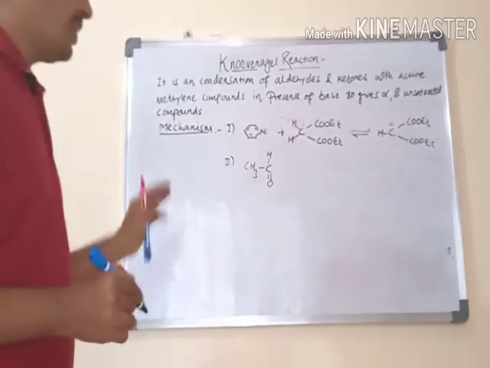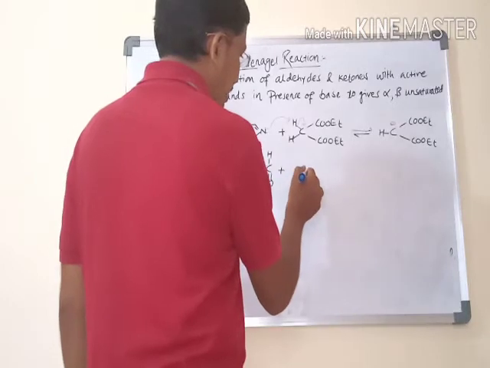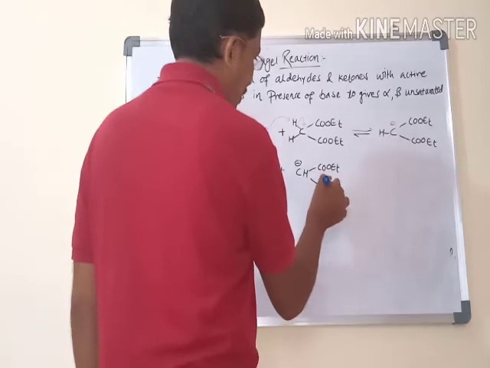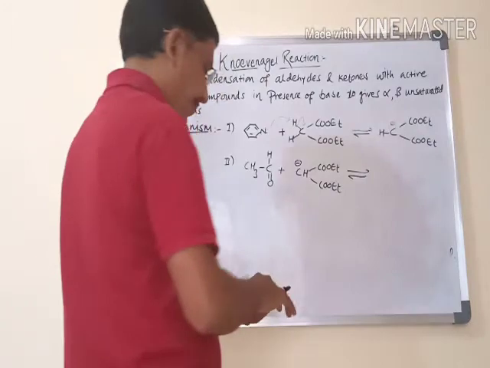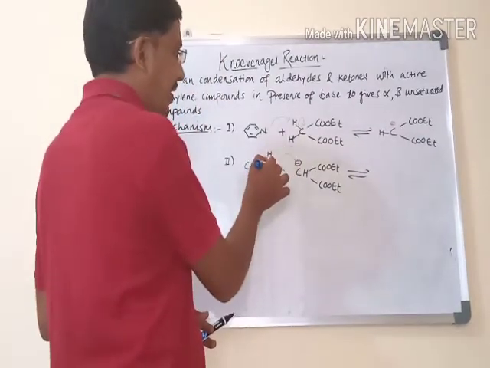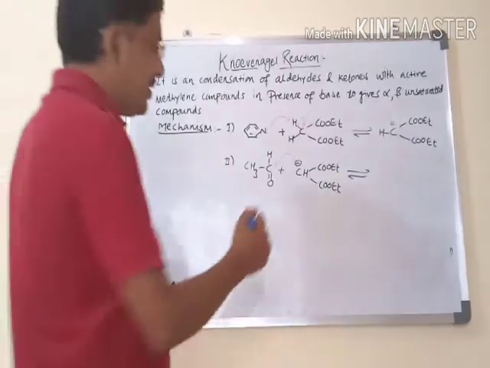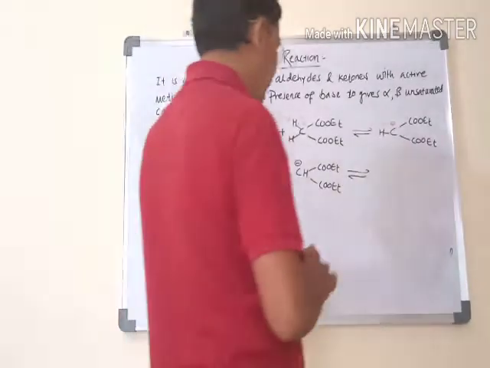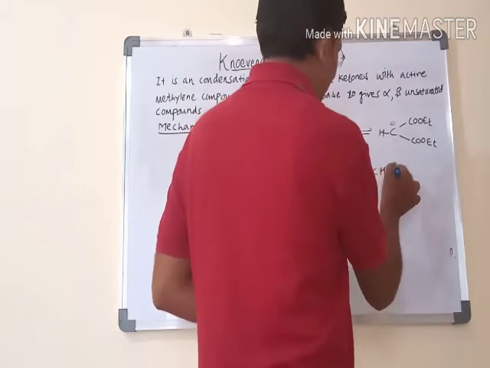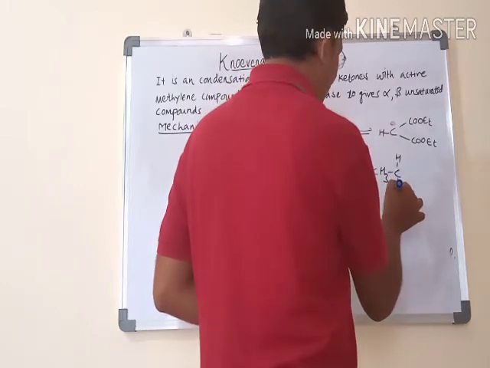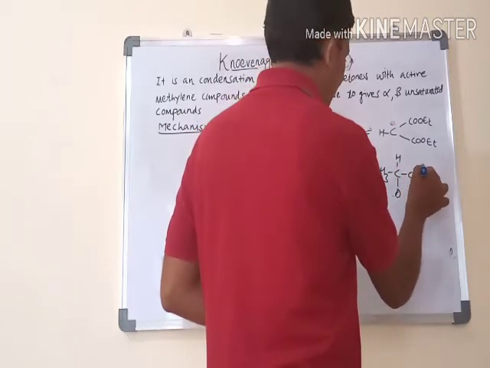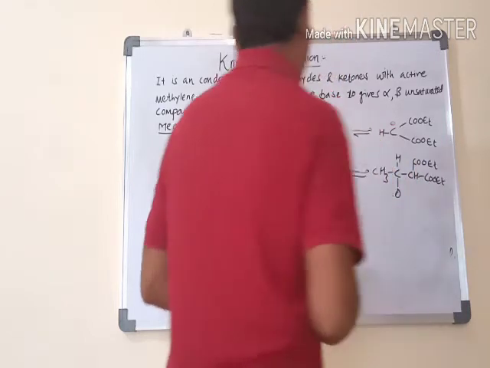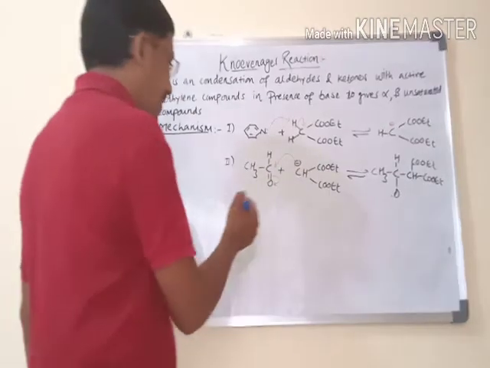You can write the aldehyde plus CH negative (COOEt)2. Now this negative charge will attack the carbon, which is electrophilic, as the pi electrons shift towards the oxygen, it becomes O minus. Then we get CH3CH(O minus)CH(COOEt)2.